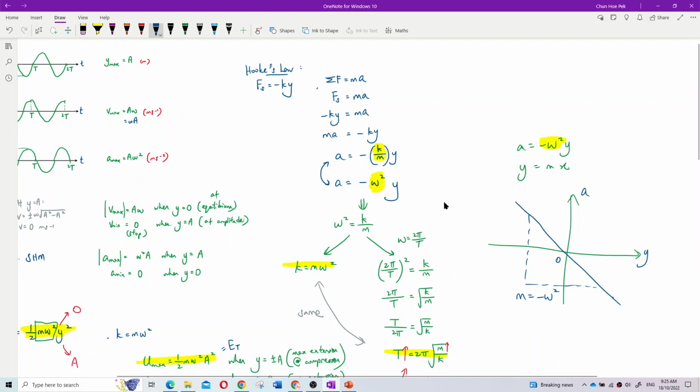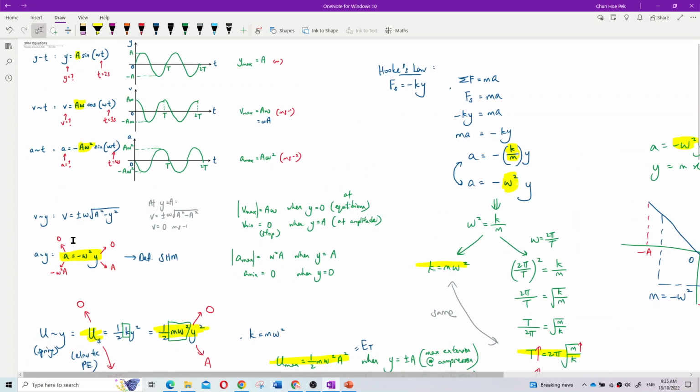Let me tell you something. This is the amplitude, and what do you think this value is? This is actually the maximum. We already learned about this: when y equals A, the acceleration is maximum, omega squared A, right?